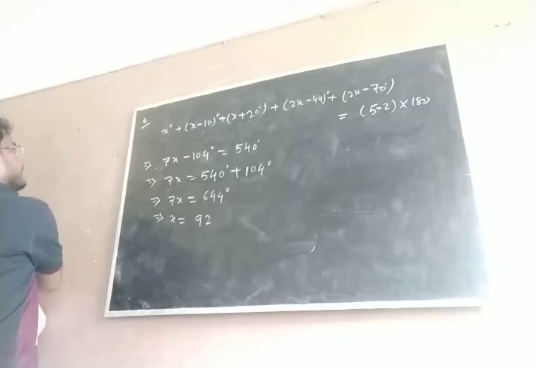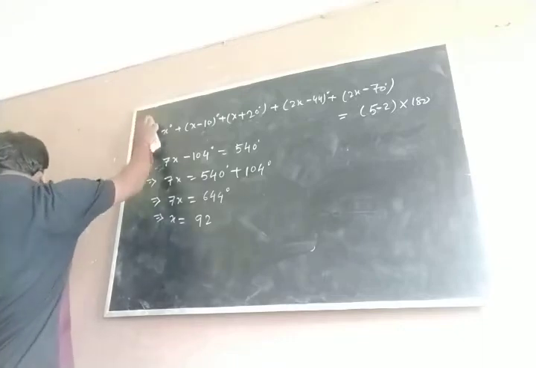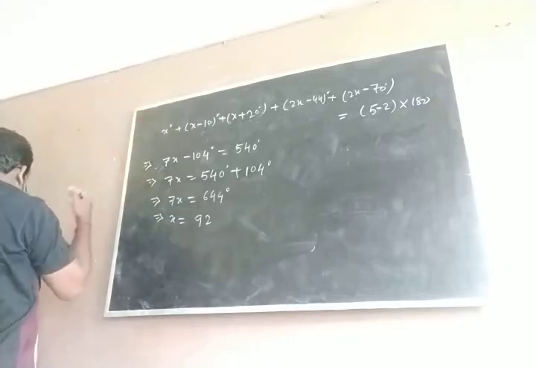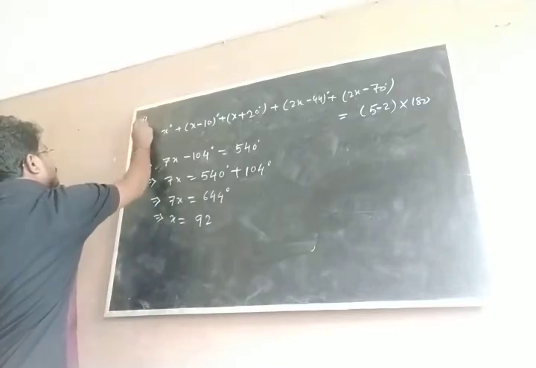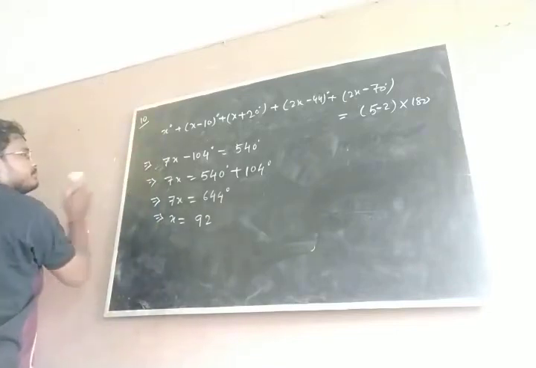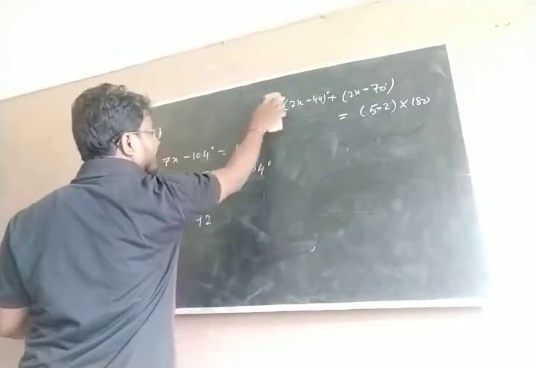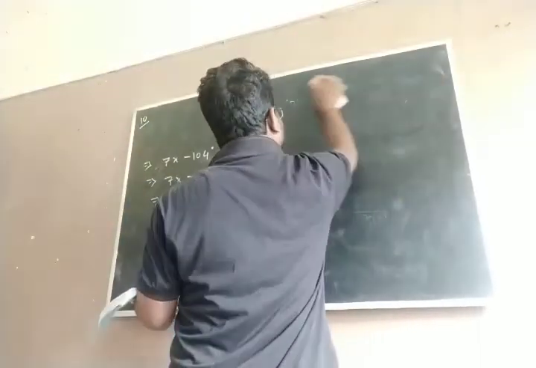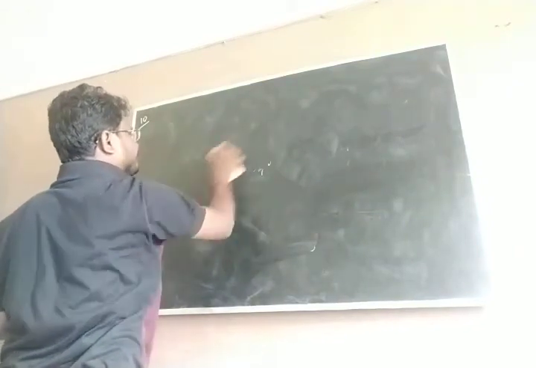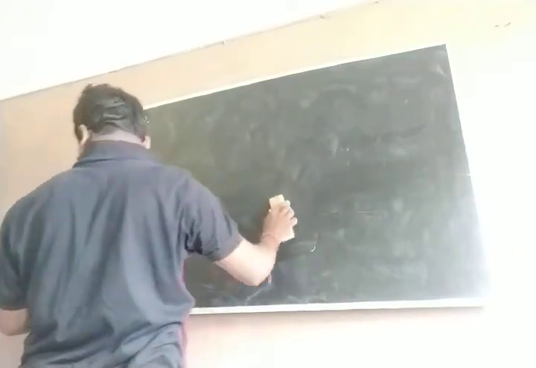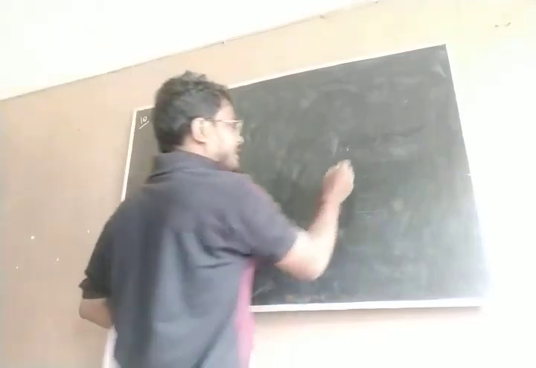Next, number 10. In a quadrilateral ABCD, AB is parallel to CD, one side is parallel.